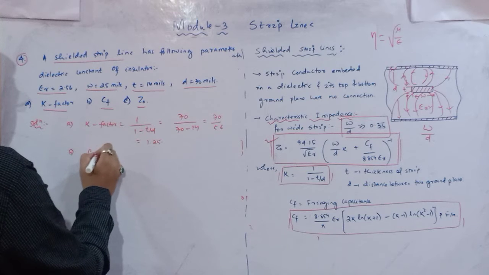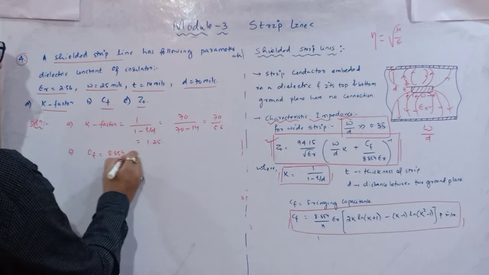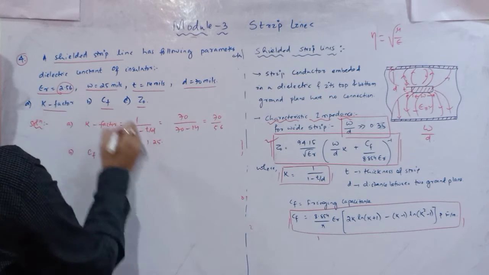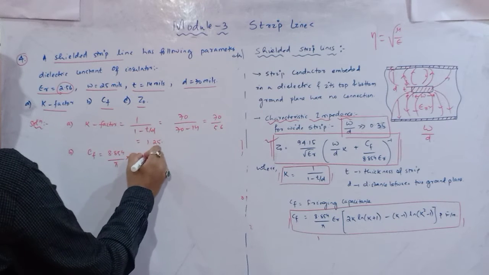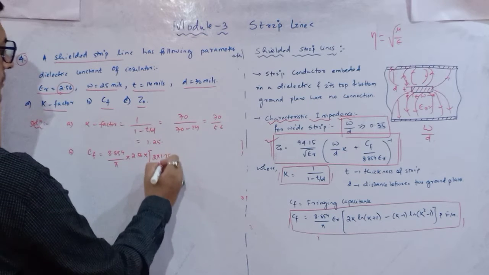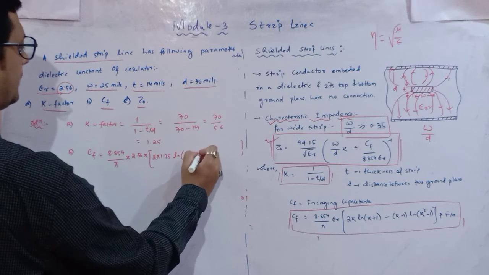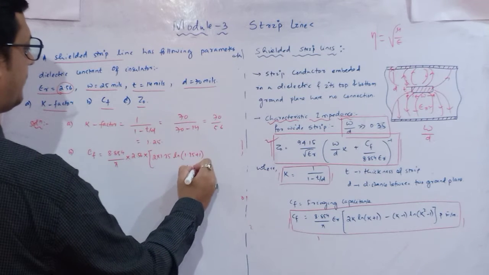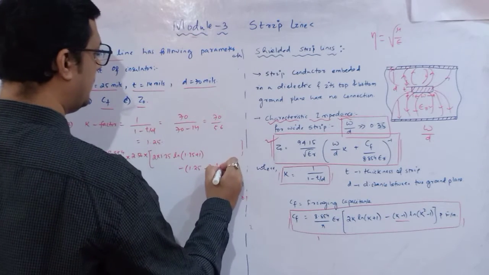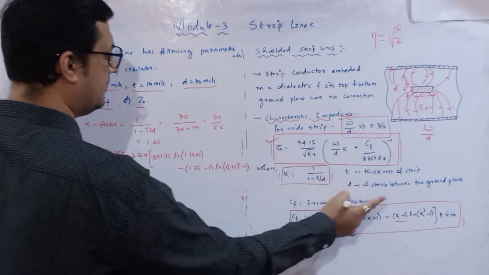Similarly, for the fringing capacitance we have a relation: 8.854 divided by pi into epsilon r, where epsilon r is 2.56. I am directly substituting. Then twice K, 2 into 1.25, then ln of (1.25 plus 1) over (1.25 minus 1), whole into ln of 1.25 whole square minus 1.